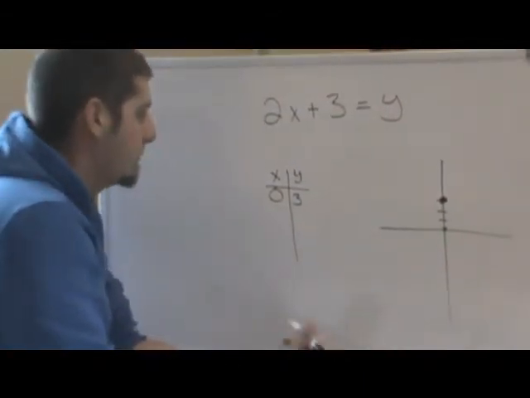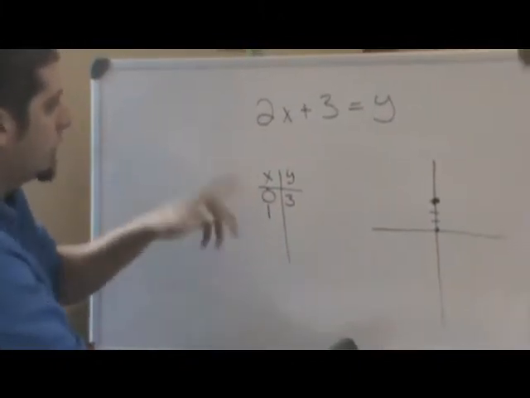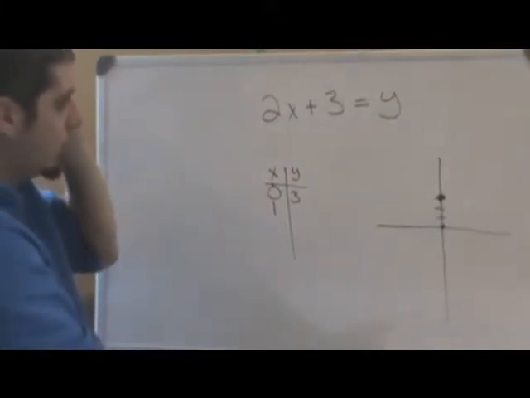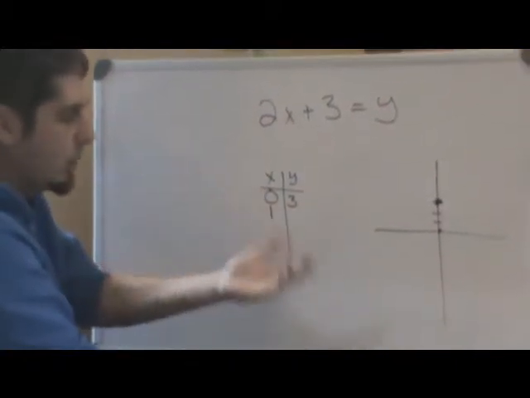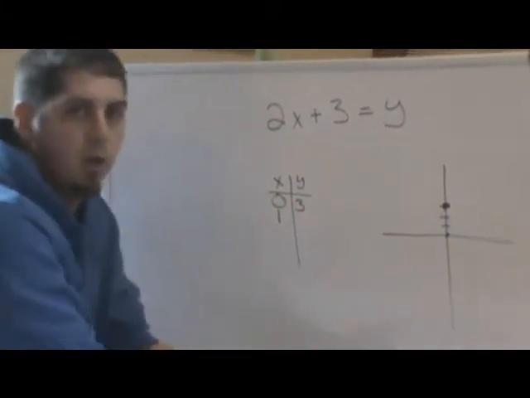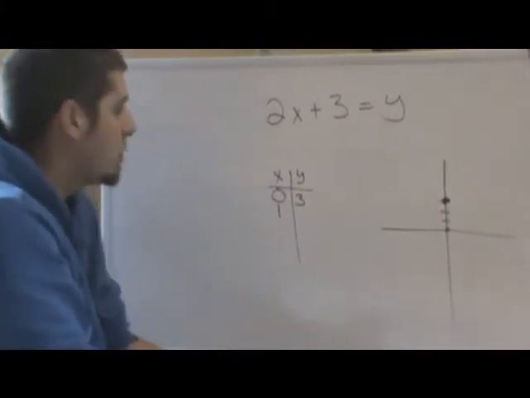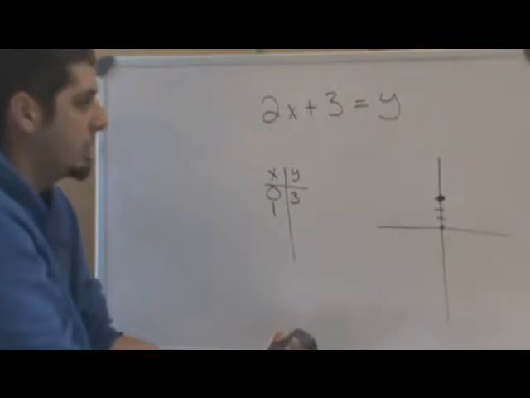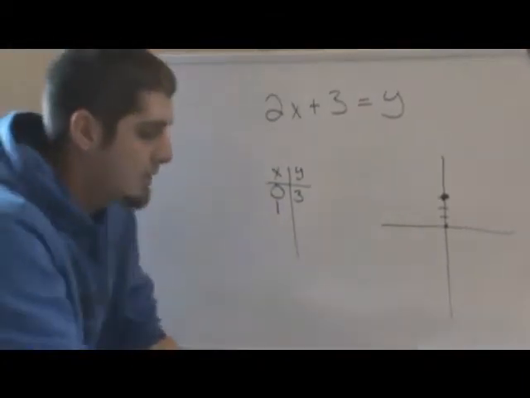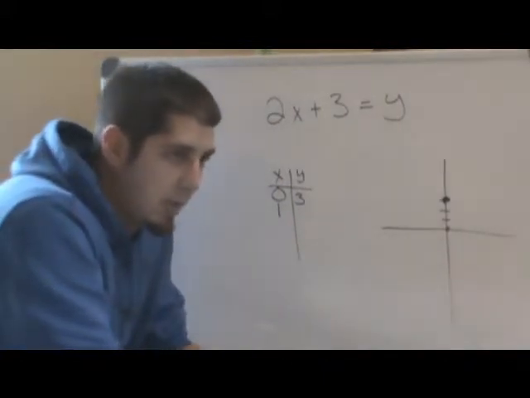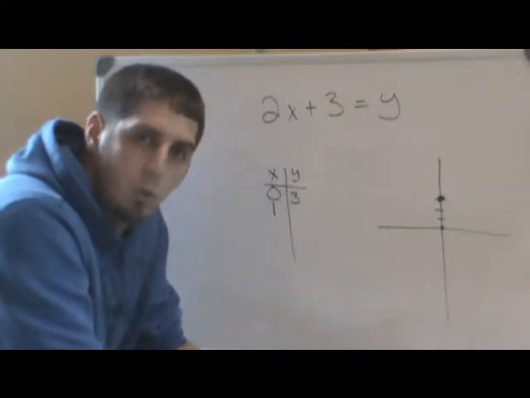Now, if I wanted to find another point, I would input the number 1. And the reason I'm choosing these small numbers is that when you're picking x-coordinates to plug into your equation, you're typically trying to graph the line that your equation represents. There's no point in picking really big numbers, because the bigger the numbers, the bigger your graph has to be. It doesn't matter which 2 points on your line you pick. As long as you pick 2 points, you can create the line.